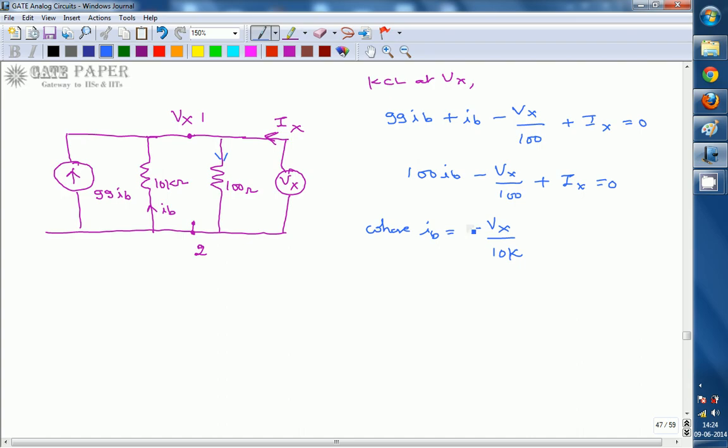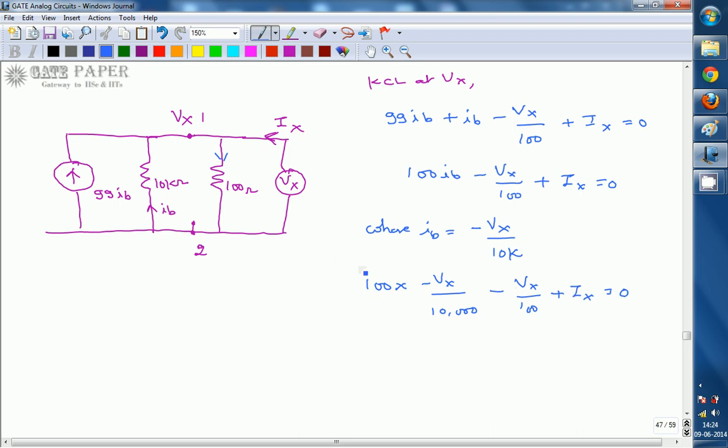Why minus? Because if Vx is positive the current should come in this way, but the Ib current flows in the opposite direction. Now substitute this Ib in the above equation: 100 times minus Vx divided by 10,000, minus Vx by 100, plus Ix is equal to 0.